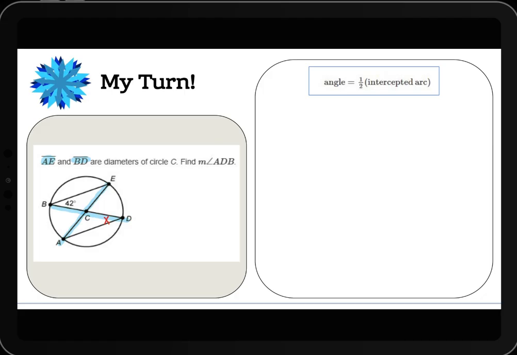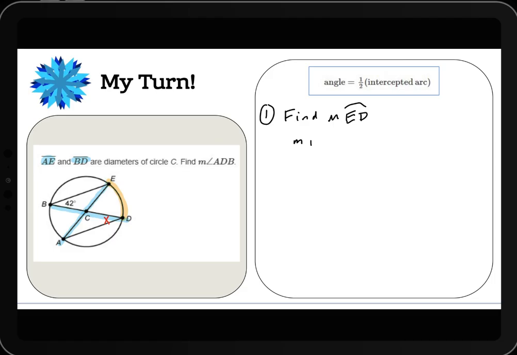Okay. Now, what we should recognize in the figure, number one, is we want to go ahead and figure out what the measure of the arc ED is. So I'm highlighting this in orange. I'm going to find the measure of arc ED first. And again, that's easy, right?